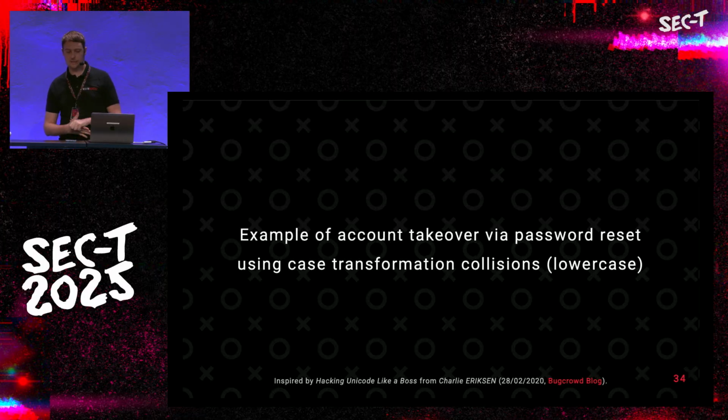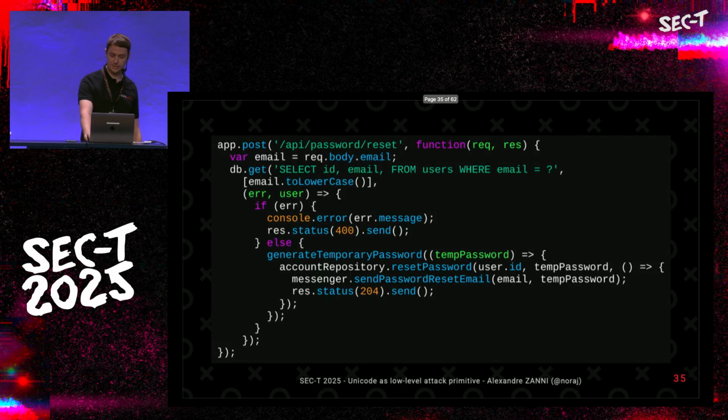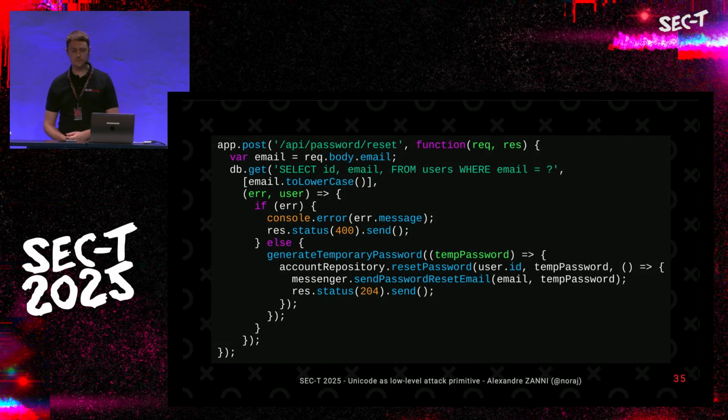Right now, I will give you an example of account takeover via password reset using this lowercase transformation collision. If you quickly read the source code, it's an API that is doing a password reset. There is, as an input, the email address that the user can control.